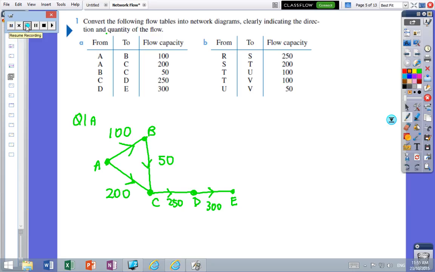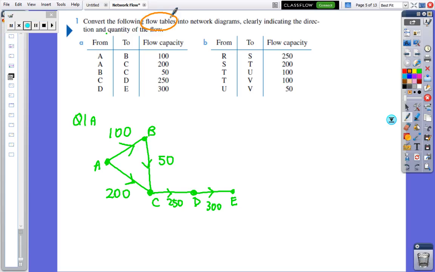So this example here is from the exercise that you'll be doing later on. So this is question number 1. And we've got a table, a flow table it's called, and we have to turn it into a diagram. So we have to show the directions. So, the first one, we've got A to B is 100, and we've got A to C is 200.